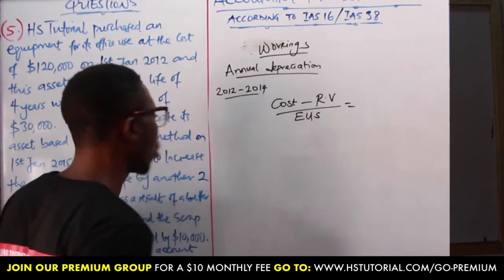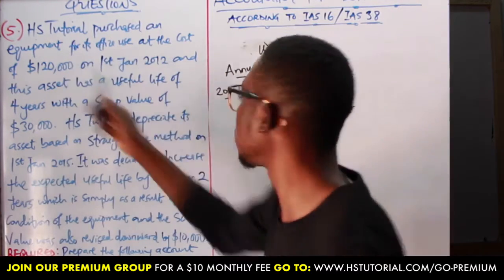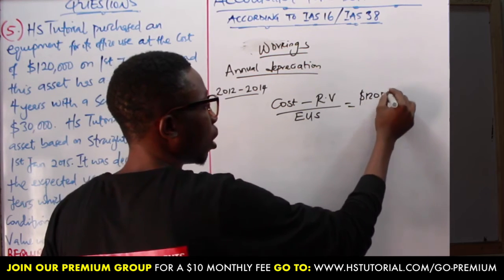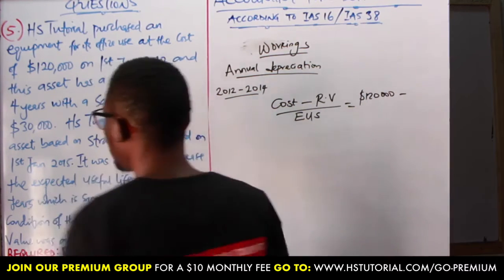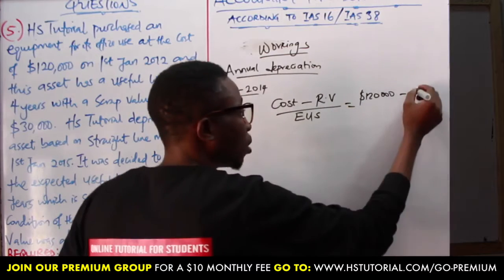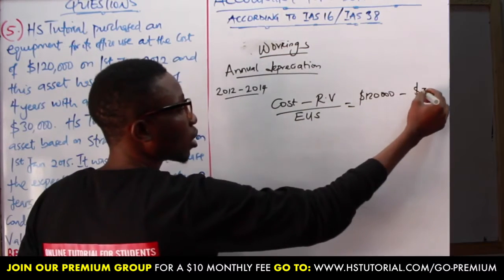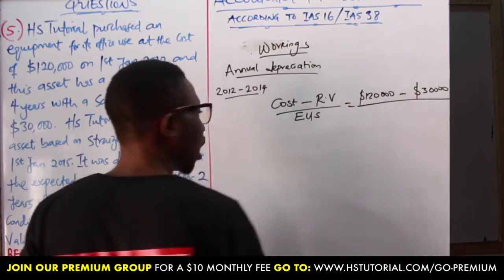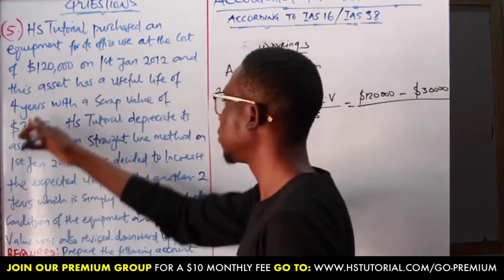So what's the initial cost? The initial cost of the asset is $120,000, minus the residual value, $30,000, all over the estimated useful life, which is initially 4 years.